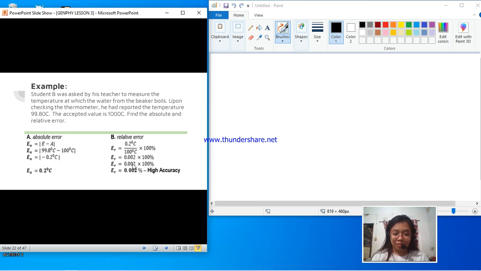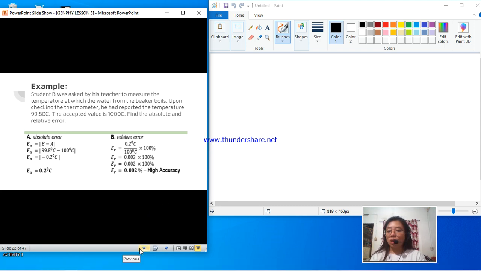Then 0.002 times 100 para maging percentage, 0.2. So, 0.2 lang yung percentage.